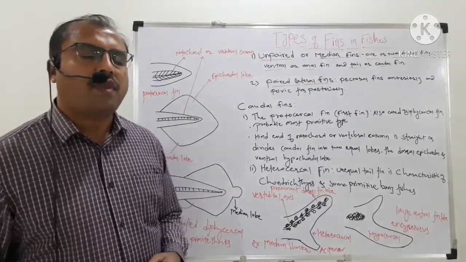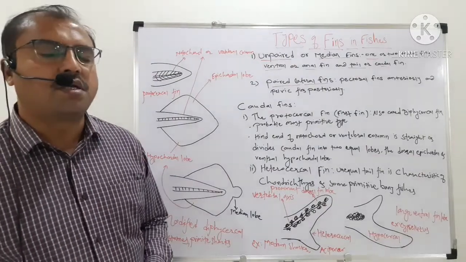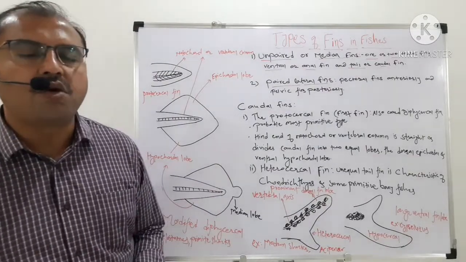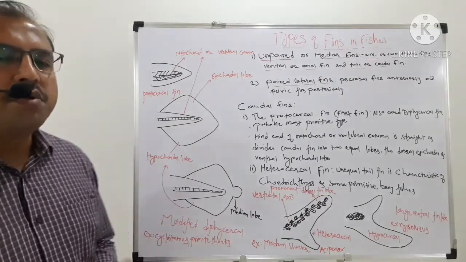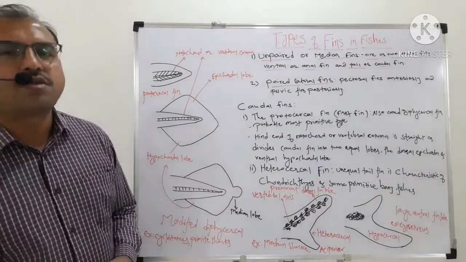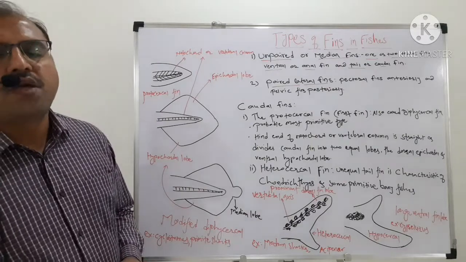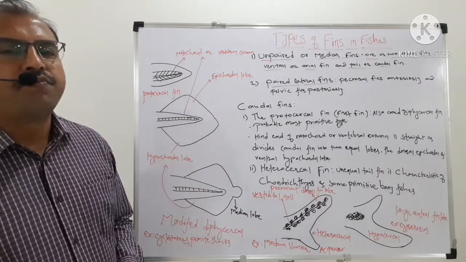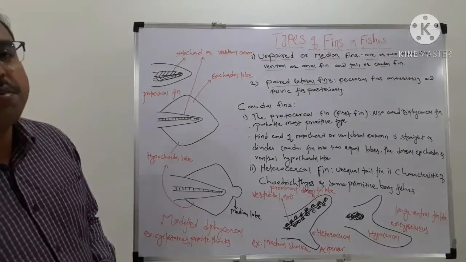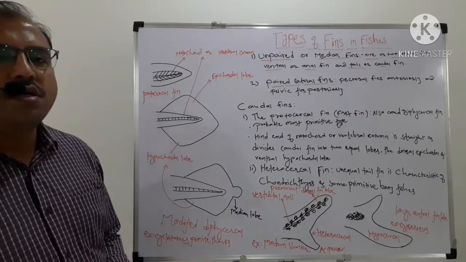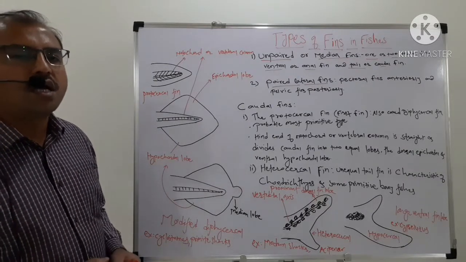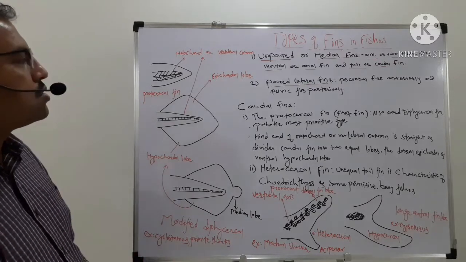Though there are two dorsal fins, they are not called paired because they are not equal in size and structure. These fins are supplied with fin rays, which give strength to the fins so that they help in swimming in the water.